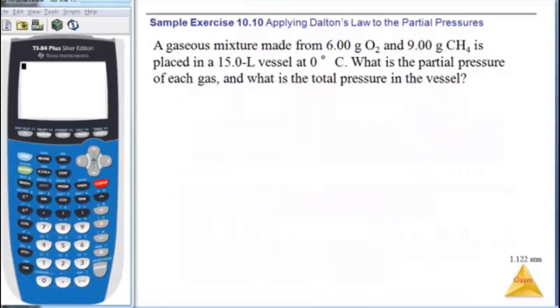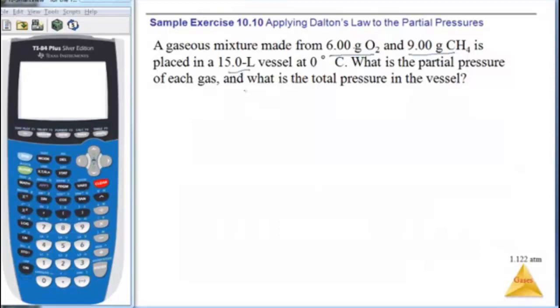Alright, so here's a Dalton's law problem. We have a gas mixture made from 6 grams of oxygen, 9 grams of methane in a 15-liter flask at 0 degrees C. Okay, and we want to know what is the total pressure of the vessel.